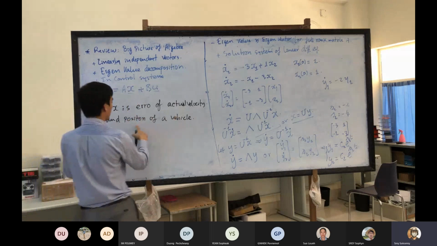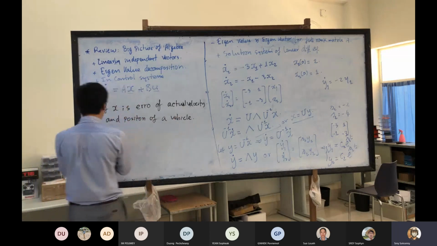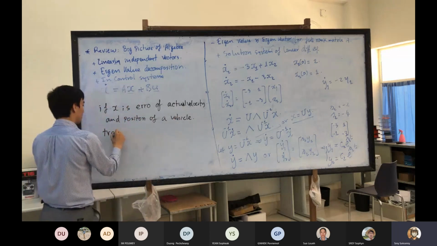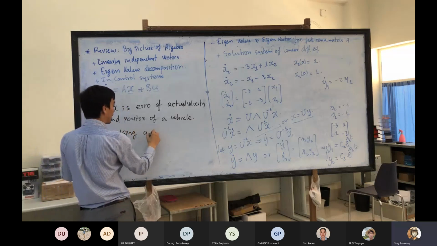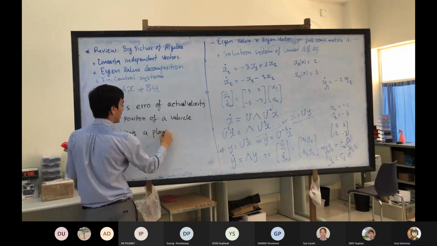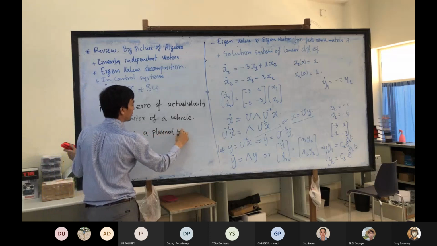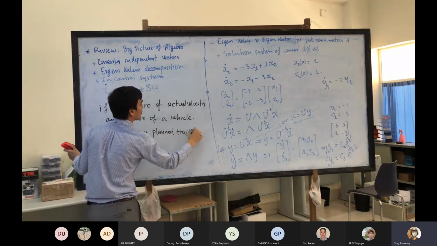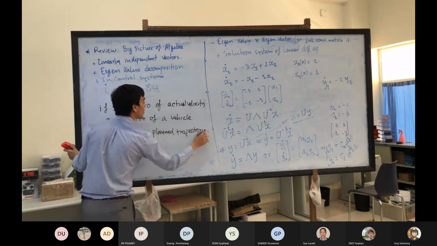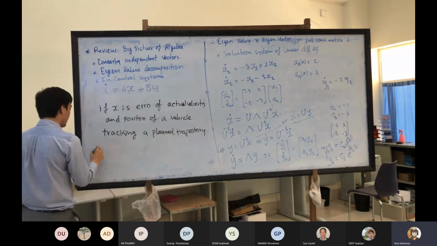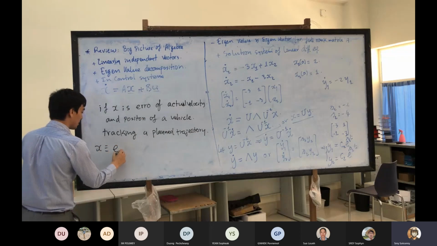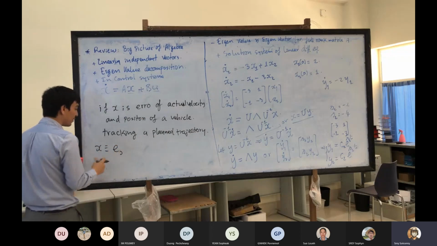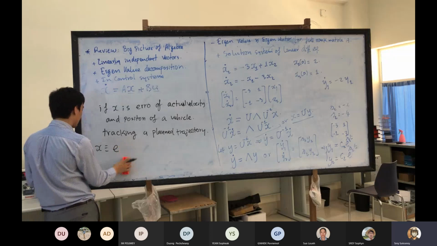Actual velocity and position of a vehicle tracking a plane trajectory, which means it's actually just the error of, let's say, velocity.